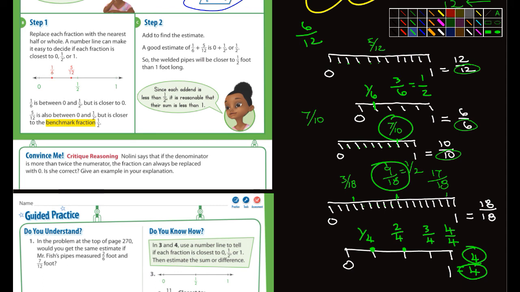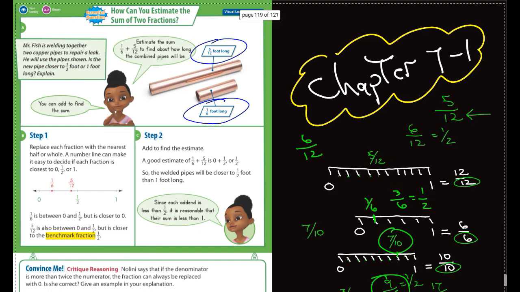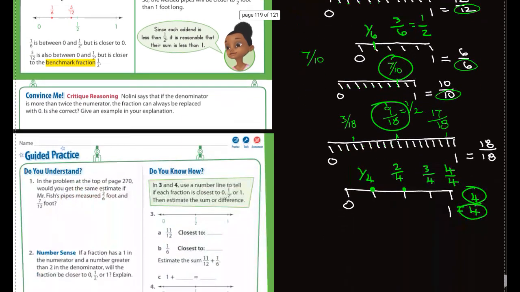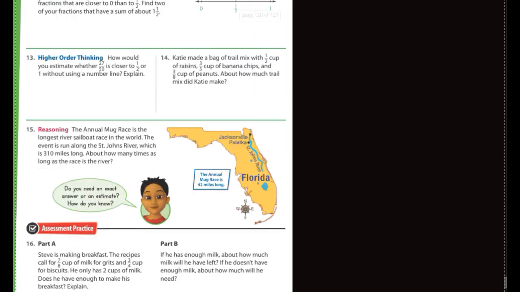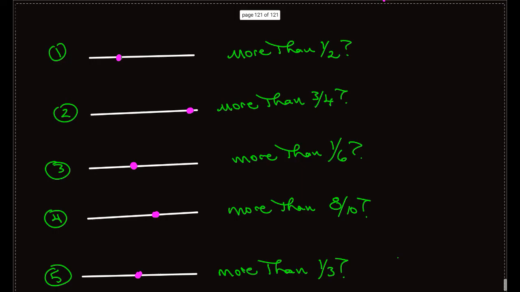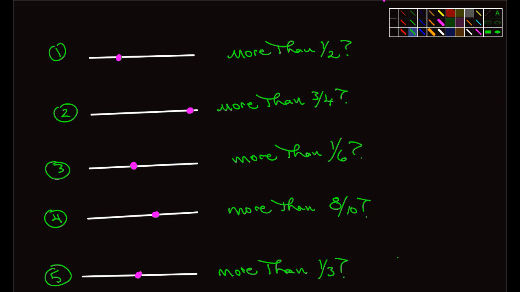Okay, I think that's what I'm going to do. There's your lesson. And here's what I want you guys to do. You don't have to do 7-1. Not yet. You will. That's just not yet. So here's number 1. And this is the question I'm asking you. Is number 1 more than 1/2?